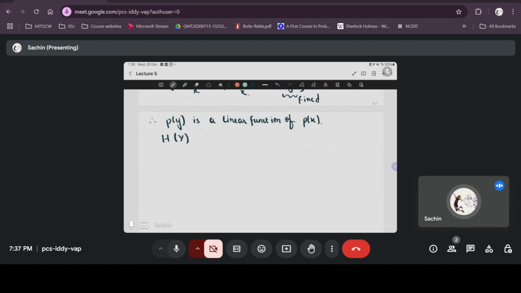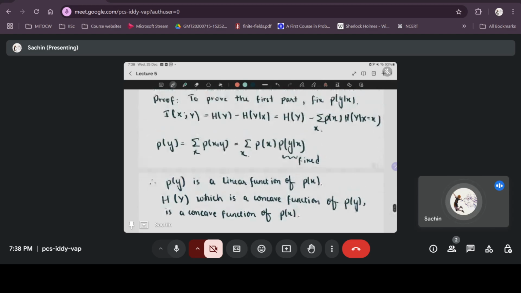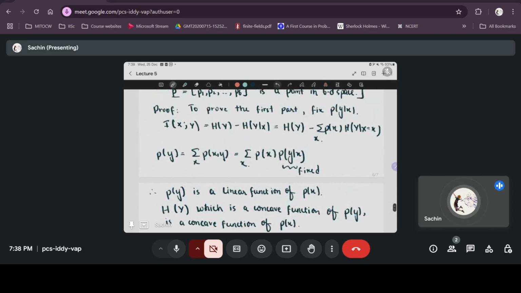It means that h of y, which is a concave function of p of y, which you saw earlier, but p of y itself is a linear function of p of x. So h of y is also a concave function of p of x. So the first term in this sum is the concave function of p of x.